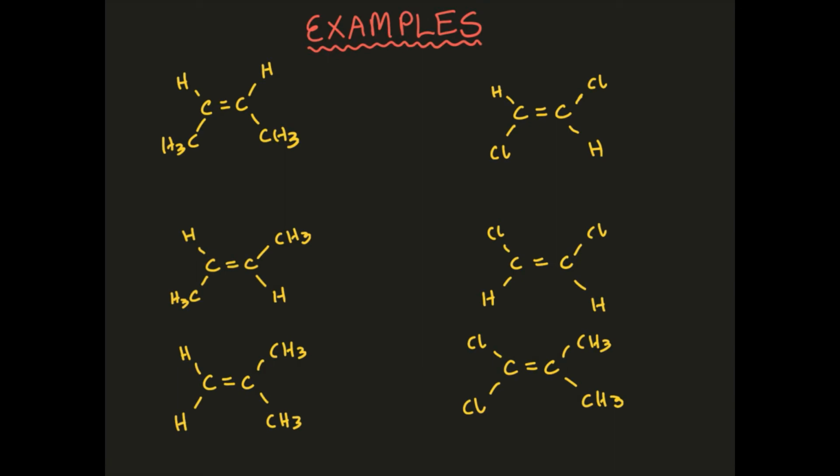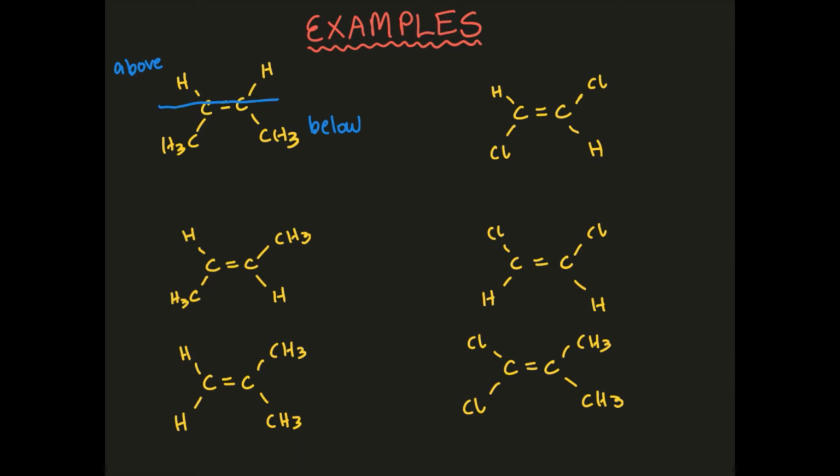Now we're going to be taking a look at some examples of cis-trans isomers. So this is the first one we're going to be taking a look at. If you divide this into two parts, one of them referring to the groups attached above the carbons, and one of them referring to the groups that are attached below the double bonded carbons.